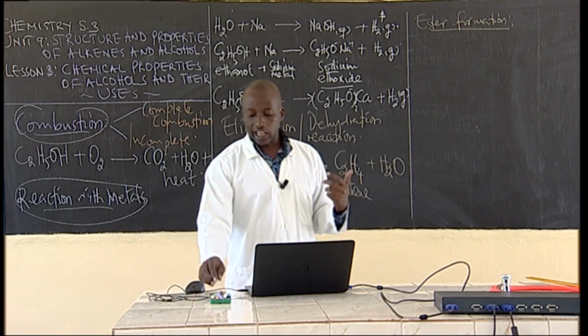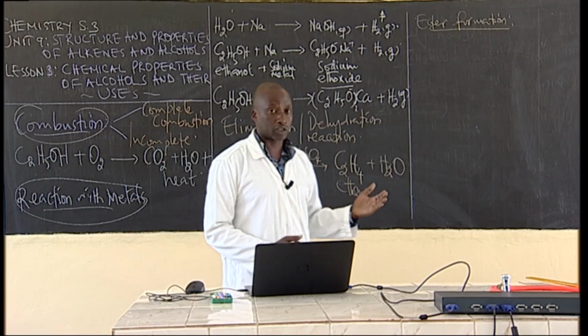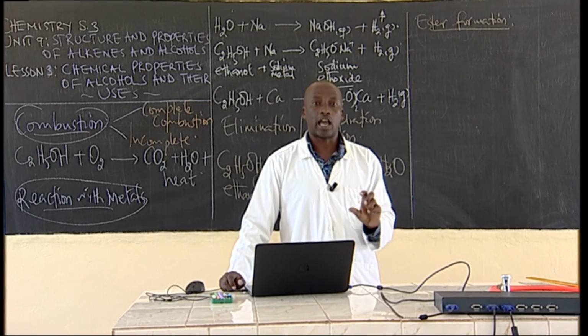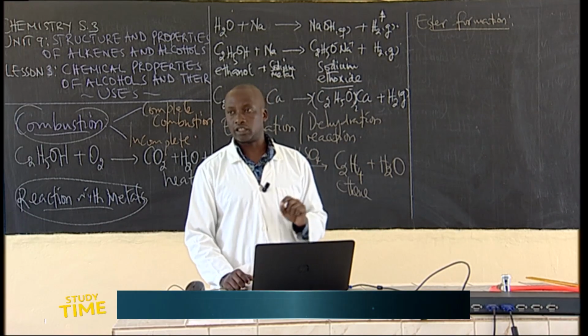So how does the reaction take place? When we are looking at these reactions, there are certain conditions that we normally write down. And those conditions should be remembered when you are writing them.